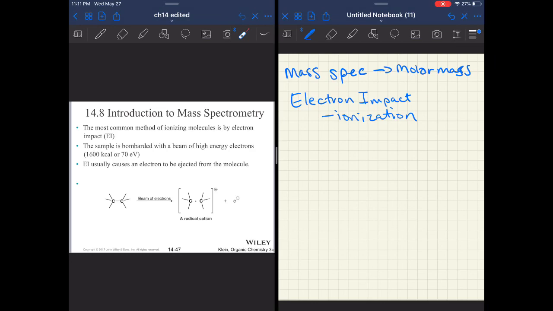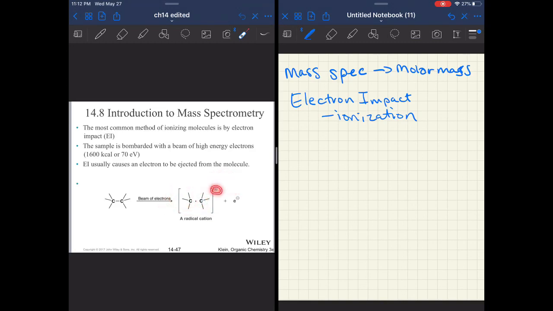All right, so in that first step, ionization, we're not looking at a specific compound here, just something organic, that has carbon-carbon bonds in it. When you hit it with a beam of high energy electrons, it's going to give enough energy to this compound that one of those electrons is going to pop off. That's why this works.